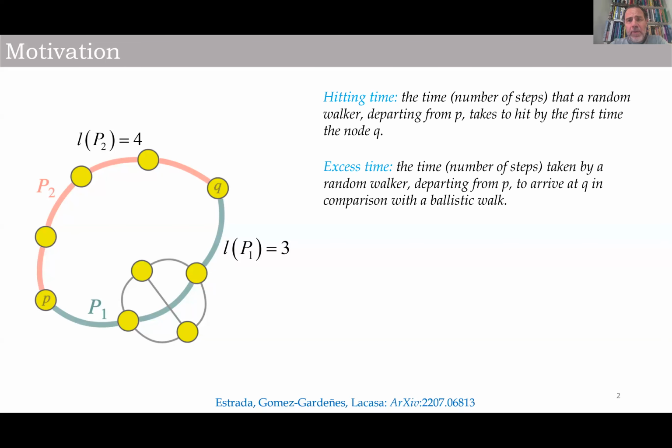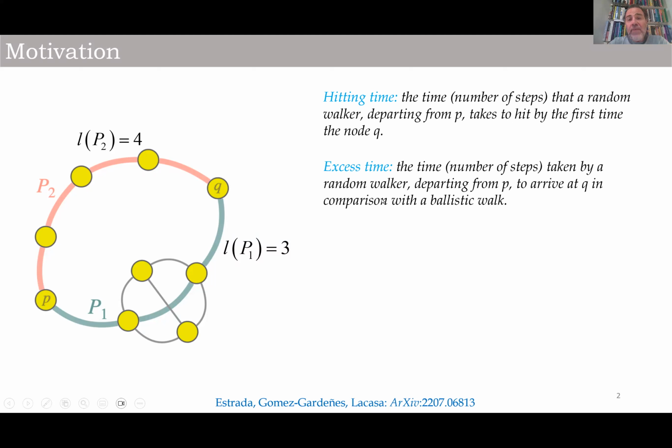In this numerical experiment, I will simply compute the so-called hitting time, which is the time, in terms of the number of steps, that a random walker departing from the node P takes to hit for the first time the node Q, or the other way around because the graph is undirected.